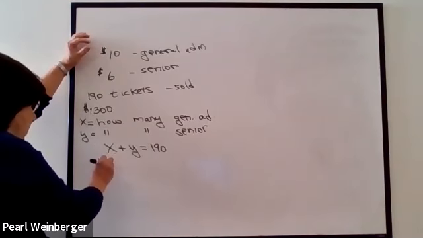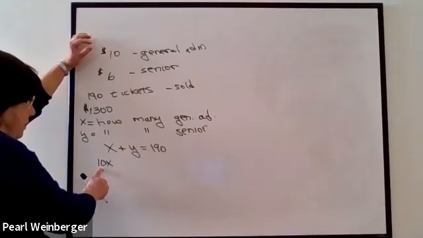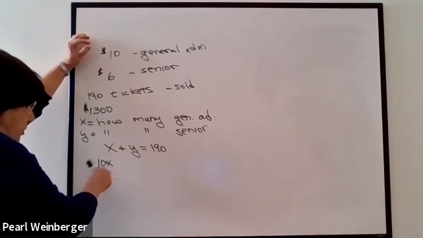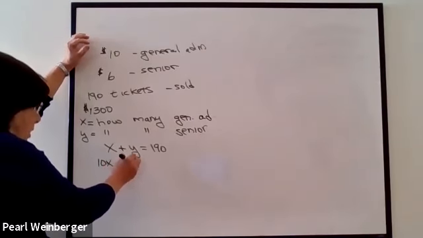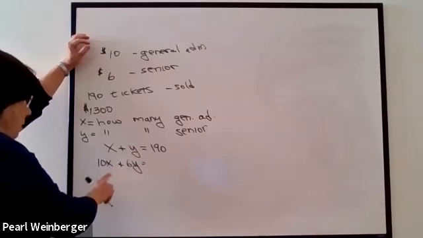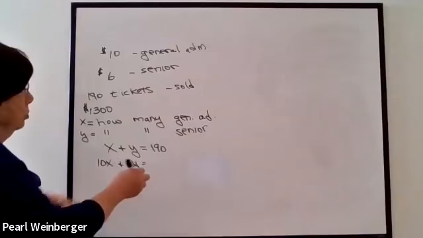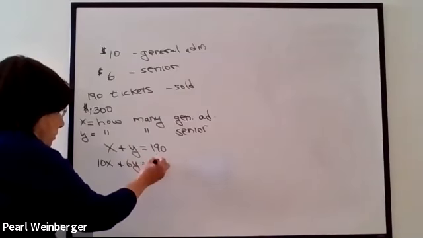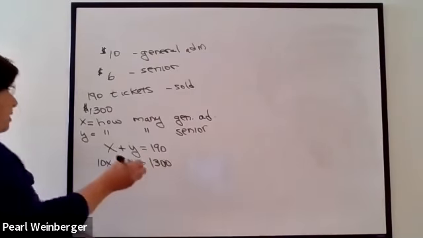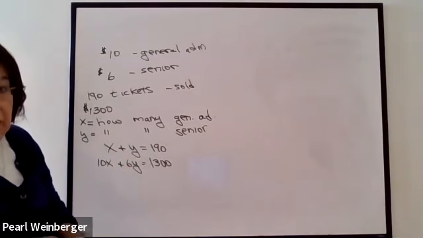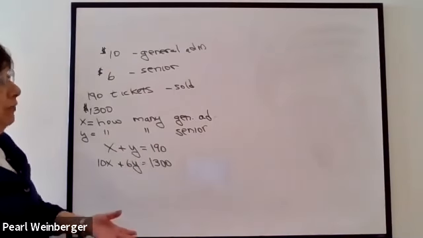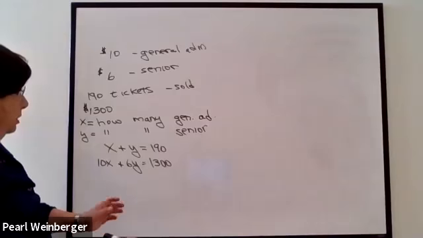So I will get 10X for the amount of money he's getting for the general admission tickets, plus 6Y is the amount of money that we're getting for the senior tickets. That total is the $1,300. And again, we now have our system of equations. And again, we have to solve this system of equations.